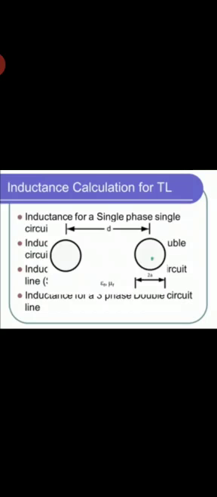The relative permeability of the medium present between the conductors is given by mu r, which is nothing but the relative permeability of the air. And the conductor radius is given by r.